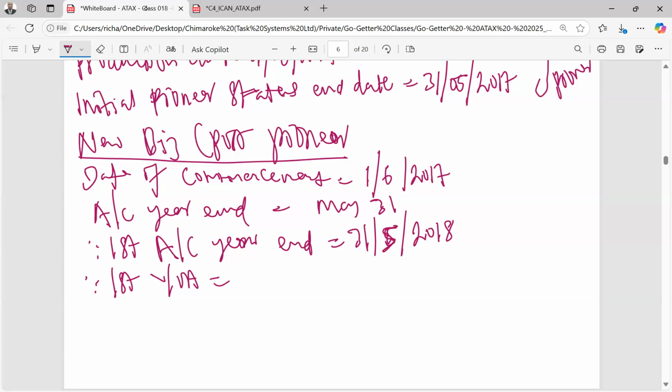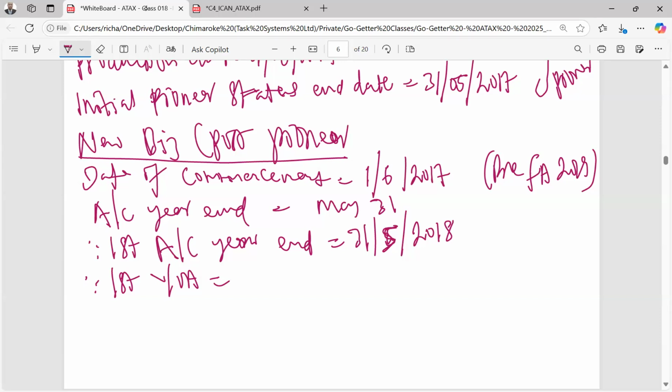It is going to be what? Now, this changes everything. Date of commencement is 2017. This is pre-Finance Act 2019. And so your account year is May 31st. Your first account year end, of course, is going to be this.